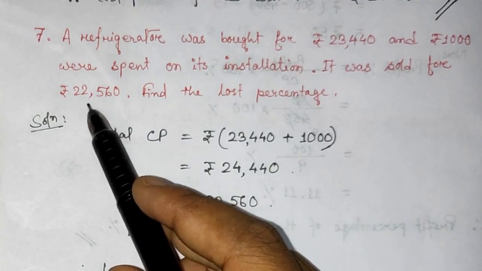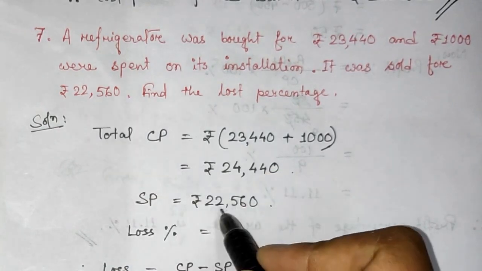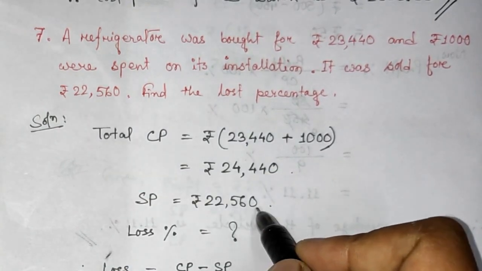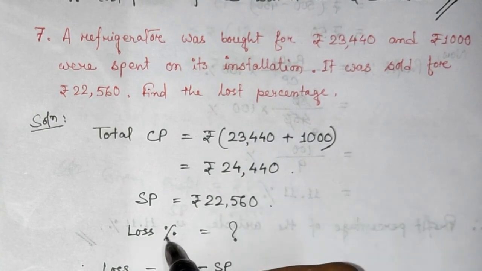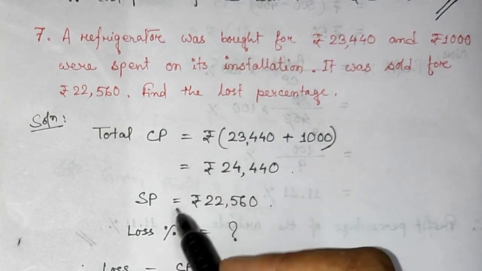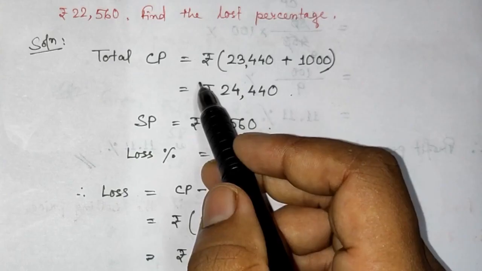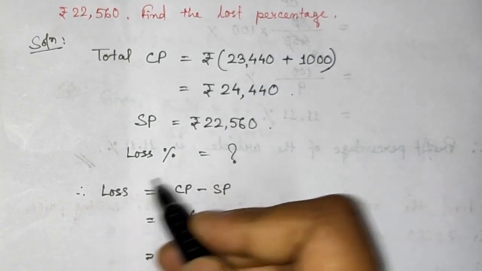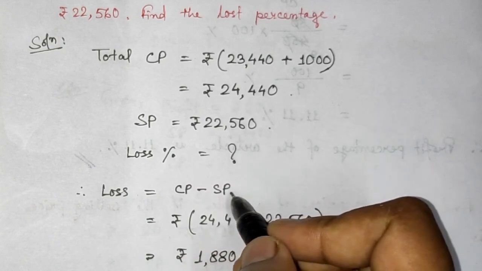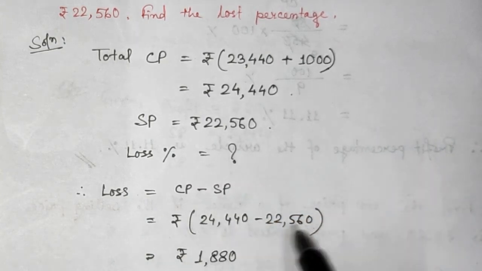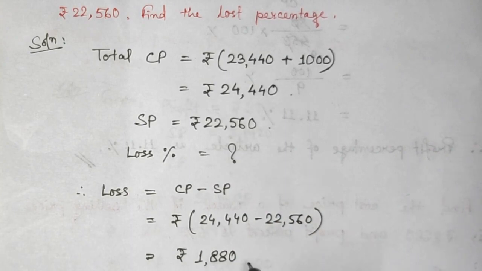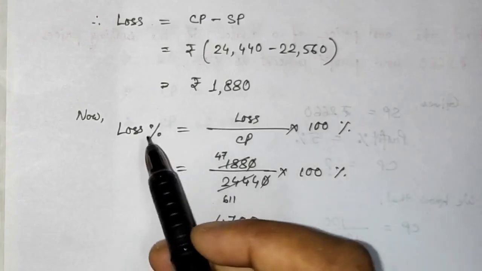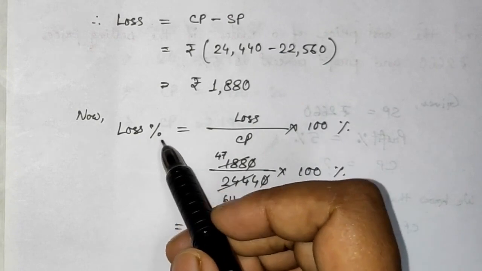And selling price, SP, is given as 22,560. You have to find loss percent. Obviously selling price is less than cost price, so first we find the loss. Loss equal to CP minus SP. Subtract them, you will get 1,880 rupees.